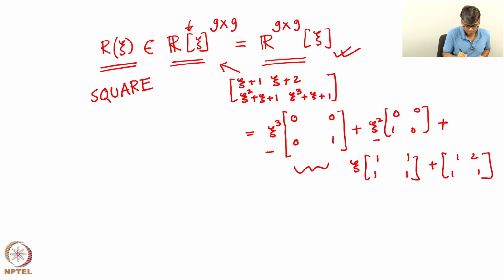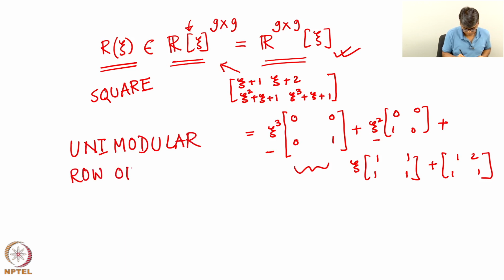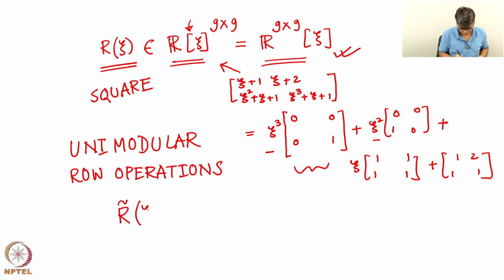Now, suppose I do some elementary or unimodular row operations and I bring this matrix to an upper triangular form, R tilde(xi).